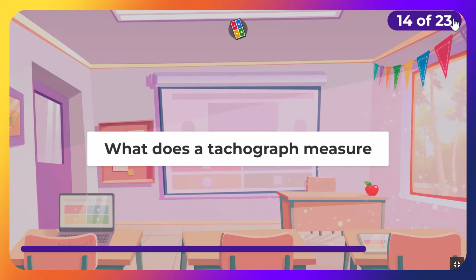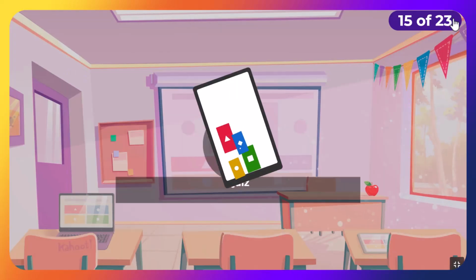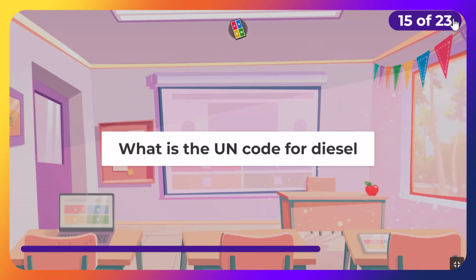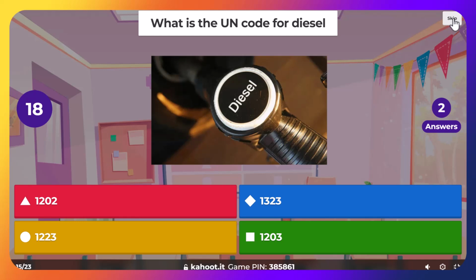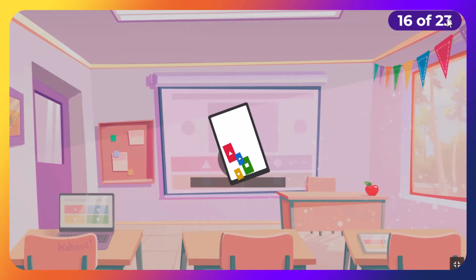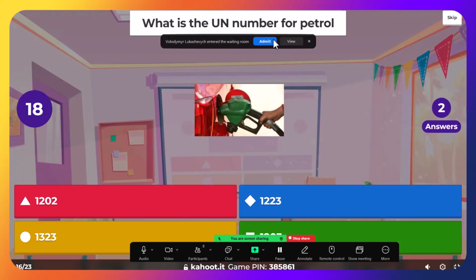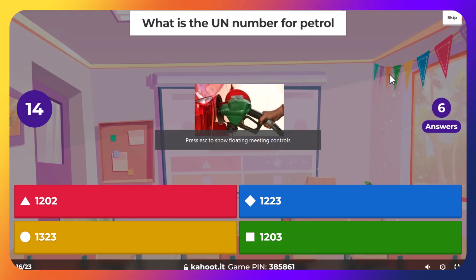What does a tachograph measure? What's the UN number for petrol?